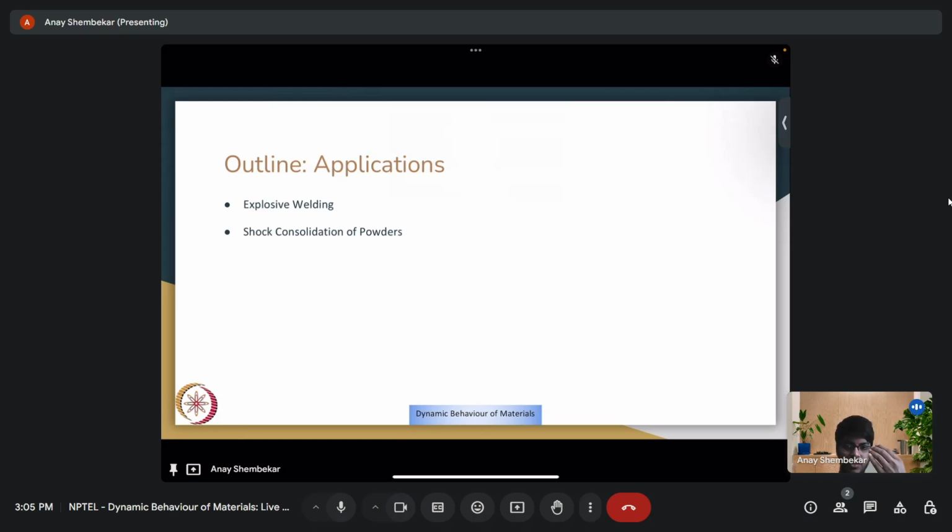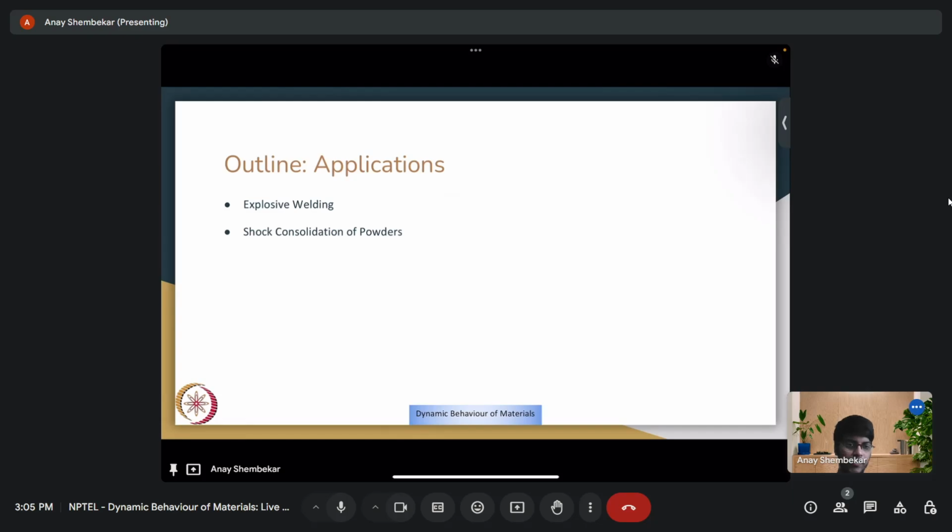Similarly, we covered different types of waves, going from elastic, plastic, to shock waves. Throughout all these topics, we have always spoken about some applications, some potential uses wherein these concepts as well as these physical phenomena can be put to use.